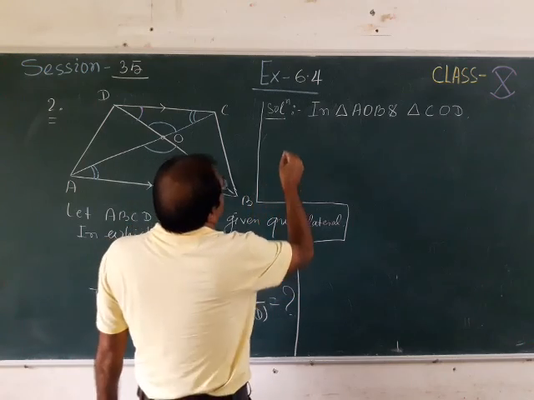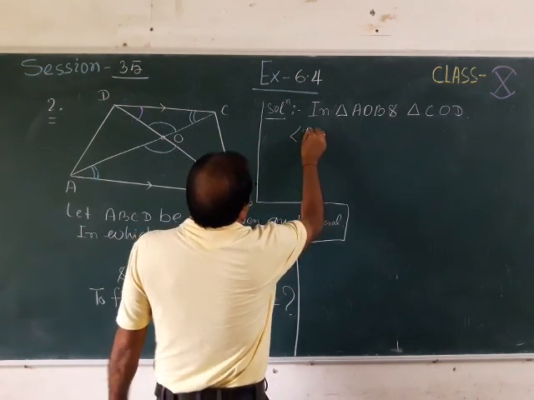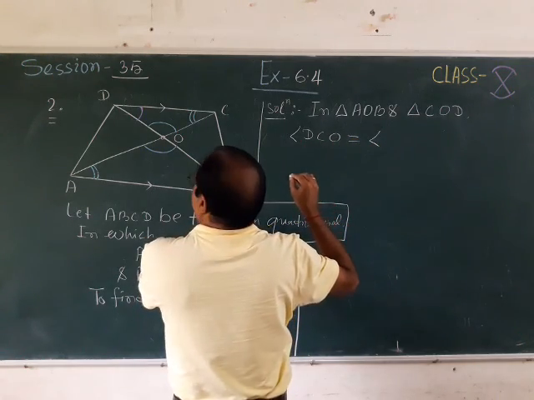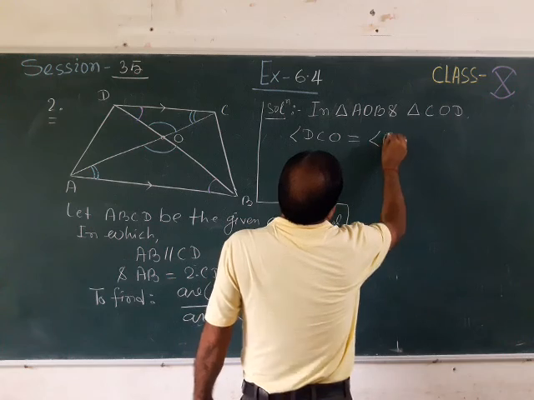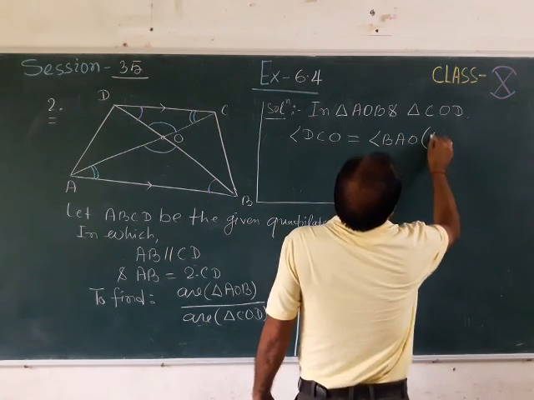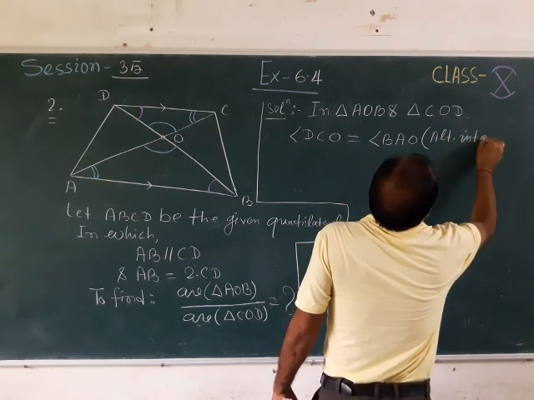In both these triangles, angle DCO is equal to angle BAO, and you can write the reason: alternate interior angles.